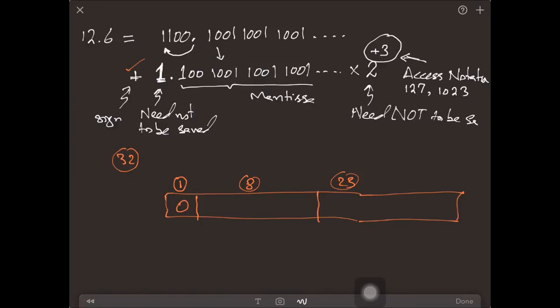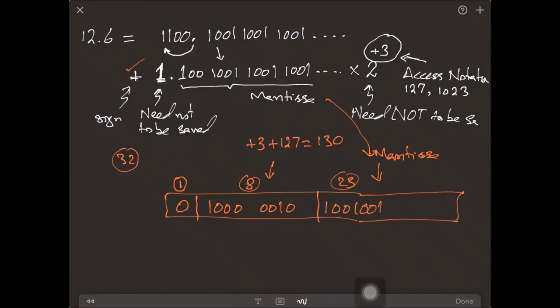As far as the exponent is concerned, we save the exponent as +3 plus 127, that is 130. 130 can be written as 1000 0010, and here comes the mantissa, which is of course 1001 0011 0011 0011 and so on to 23 bits.